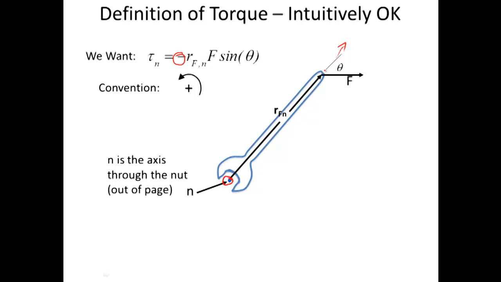One needs a convention for this, and you can pick the convention however you want, but I much prefer the standard convention, which is that positive is in the counterclockwise direction. The reason for that is that we traditionally measure angles positively from the x-axis. Now, with that sign convention, the force here is actually trying to pull the wrench in the clockwise direction, and therefore for the torque in this example we need a negative sign.